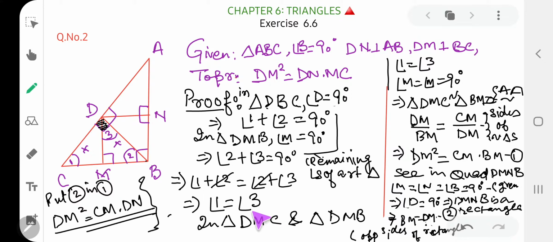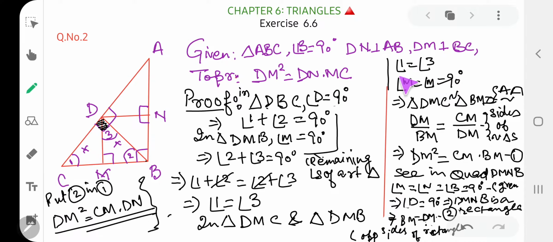Now we will start with our proof. We have to prove two triangles having DM similar. So we will take triangle DMC and triangle DMB. In these two triangles, children, you have proved angle 1 is equal to angle 3.